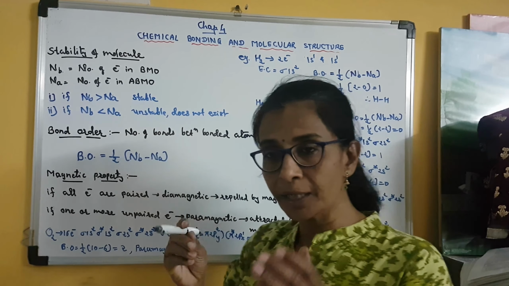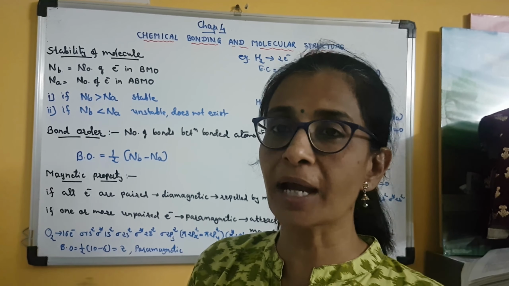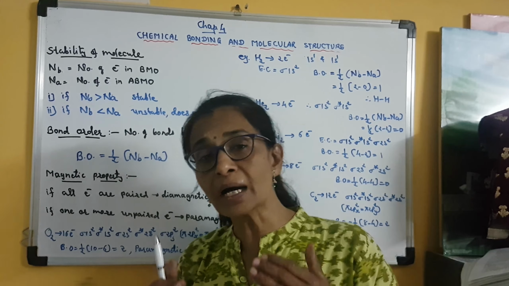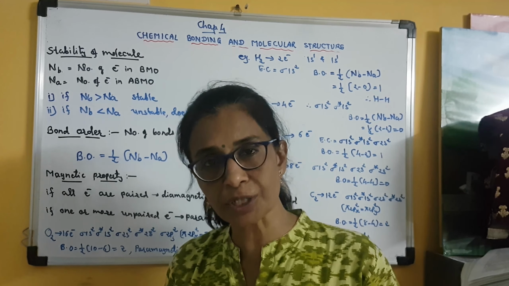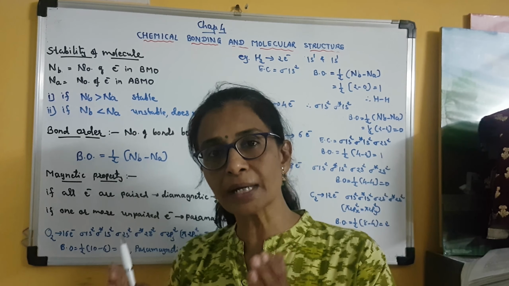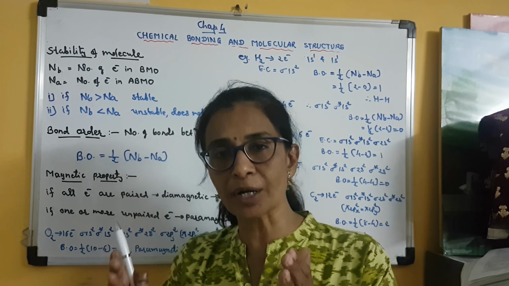Means for any molecule, as I told you in the previous lecture also, in this chapter we are going to discuss the molecular electron configuration of homonuclear diatomic molecules of the second period of the periodic table.